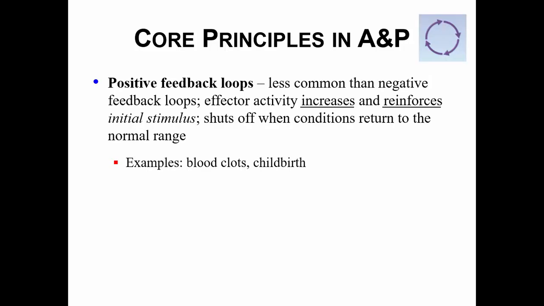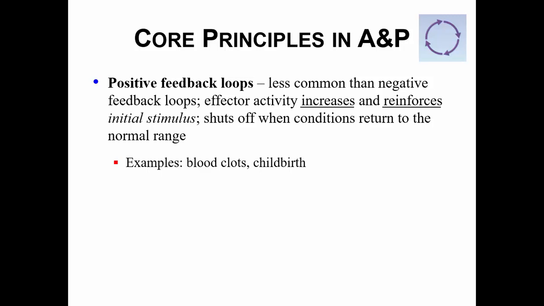Now, the other mechanism for maintaining homeostasis is positive feedback loops. These are not nearly as common as the negative feedback loops, and they will increase the move from set point or normal range. So it's going to make the initial stimulus greater. Examples of this would be childbirth.